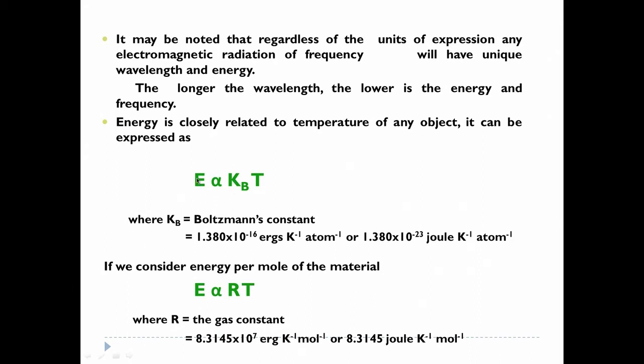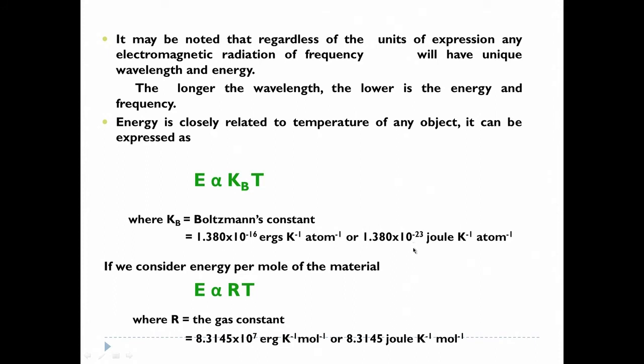The energy can be represented by this equation, E is proportional to Kb into T, where T is the temperature and Kb is the Boltzmann constant, 1.380 into 10 raised to minus 16 ergs per degree Kelvin per atom, or 1.380 into 10 raised to minus 23 joules per degree per atom.